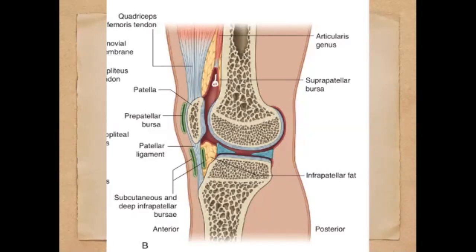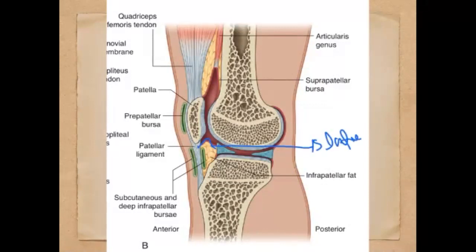You see this is, hello, don't unmute yourself. This is the infrapatellar synovial fold, the white one. Let me draw that in yellow.